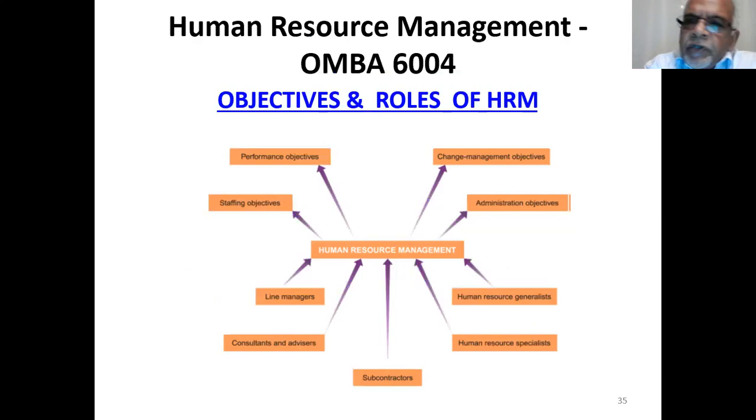First, you have the staffing objectives, that is, acquiring the human resources; performance objectives, ensuring that they perform at a high level and produce superior performance; and administration objectives, that is, ensuring that employees are trained, employees are paid, and employees are provided training programs.